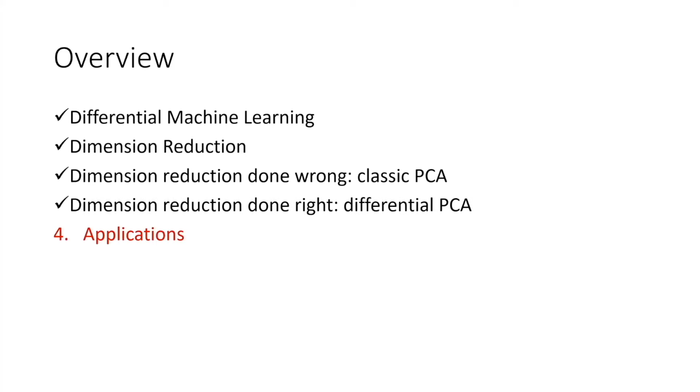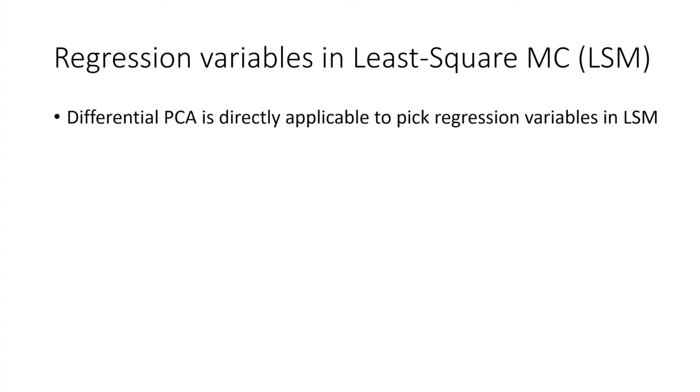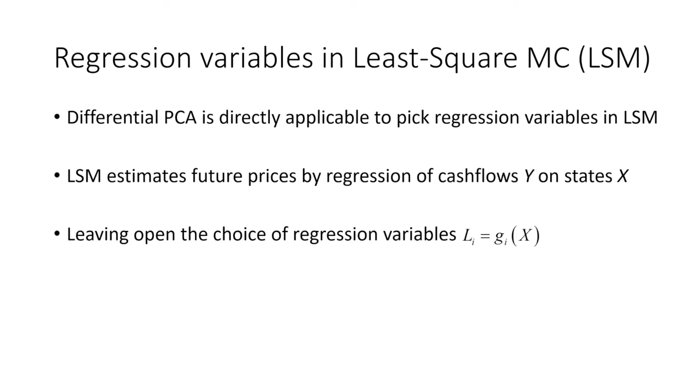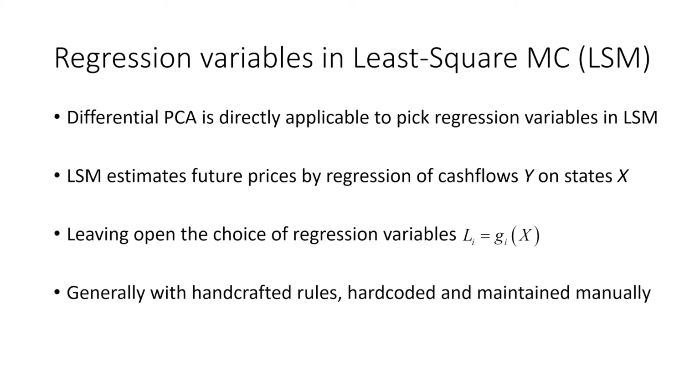Let me conclude with some interesting applications of differential dimension reduction. The first and most evident application is the selection of regression variables in the least square Monte-Carlo, or LSM. Recall that LSM estimates future prices by regression of cash flows Y. The choice of the regression variables, however, largely remains an open problem, most often tackled with handcrafted rules, hard-coded in the implementation, and manually maintained, for example when the model is upgraded or when the procedure is applied to different kinds of transactions.